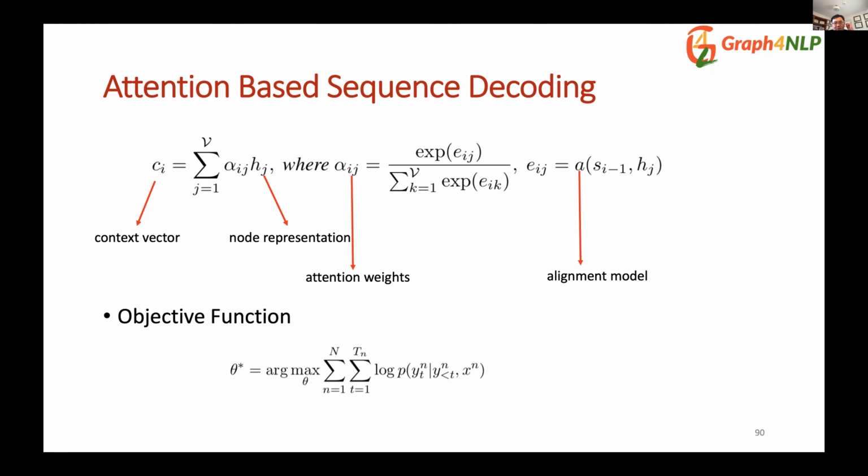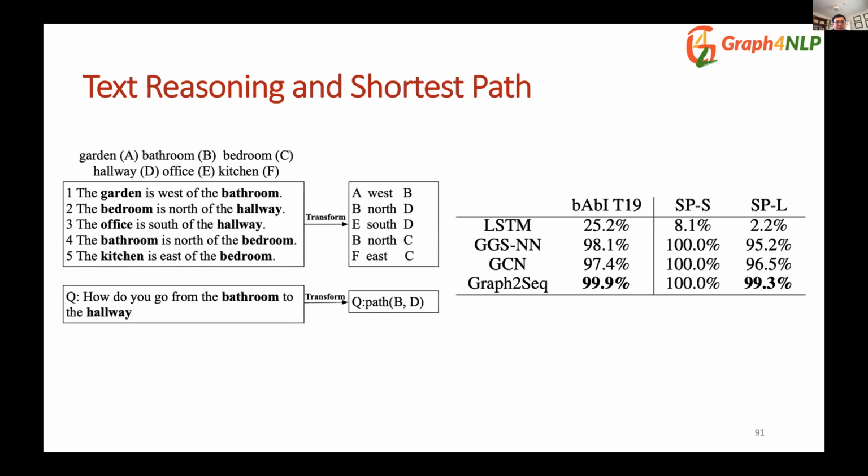The whole objective function is trying to maximize the probability of the decoded token given the previously decoded tokens and also the graph input. Here are some experiments showing that this really works well, for example compared to other graph-based methods and sequence models like the LSTM method.